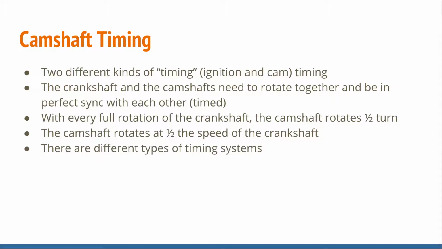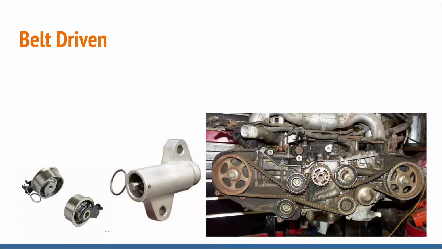Okay, so there's different types of camshaft timing systems, and we're going to talk about those different types. One real common one is a belt-driven timing system. Another real common one is a chain-driven timing system. So we'll start out by talking about the belt-driven timing system. Okay, so timing belt. Timing belt you're typically only going to see on overhead cam engines.